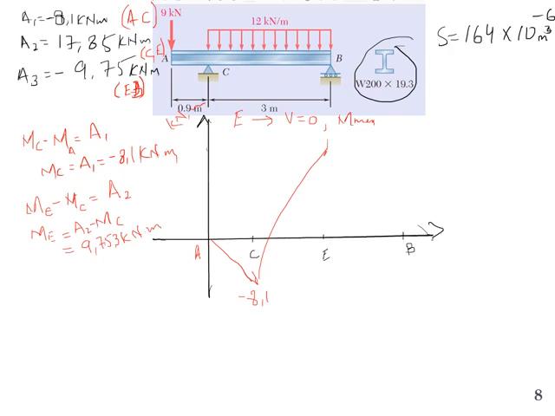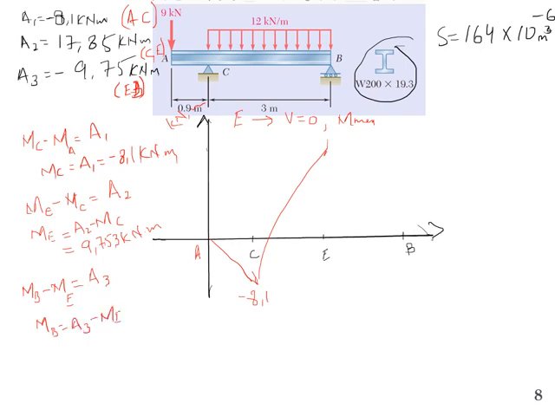Now at B, we can calculate MB minus ME, and that will be area A3. MB will be simply equal to A3 minus ME.